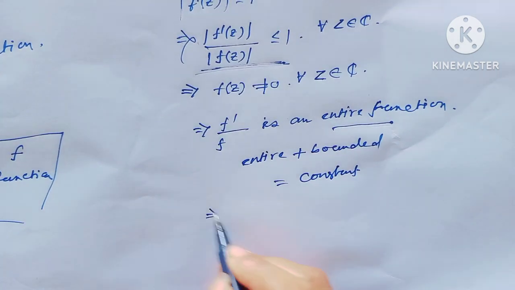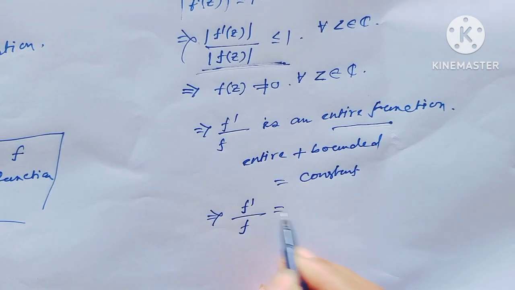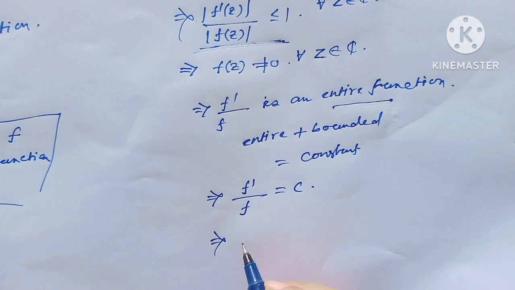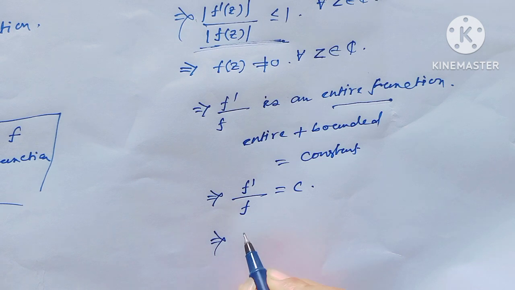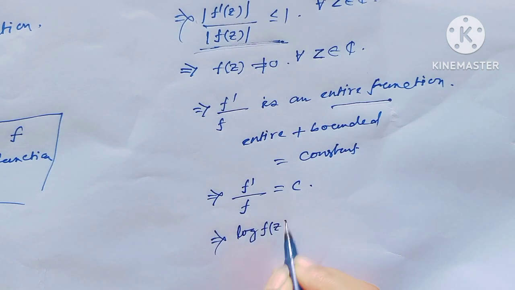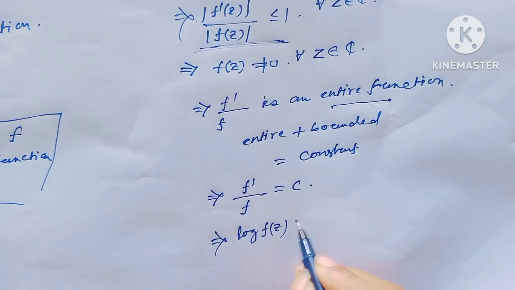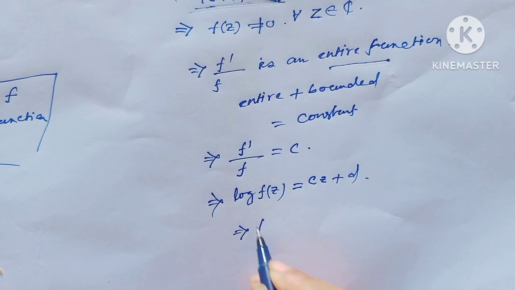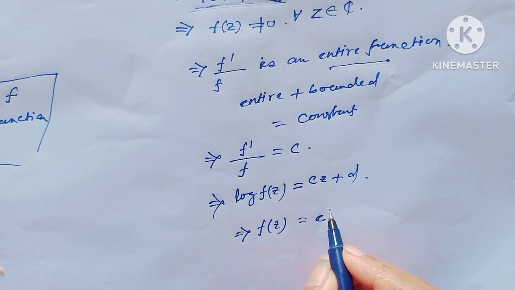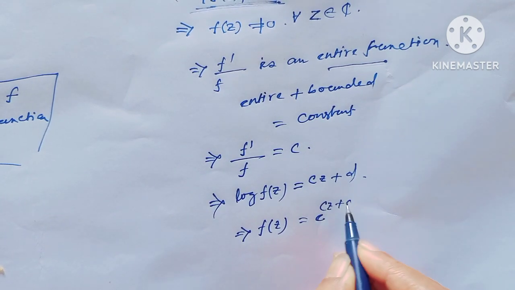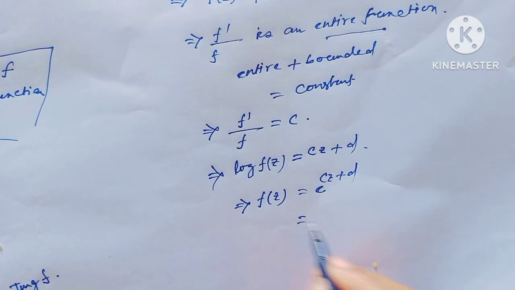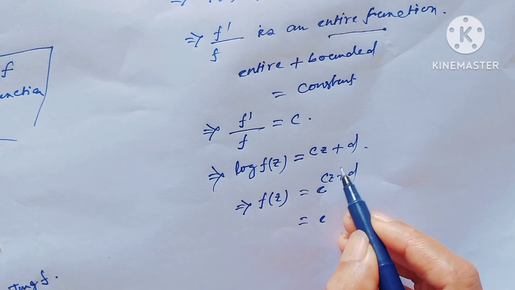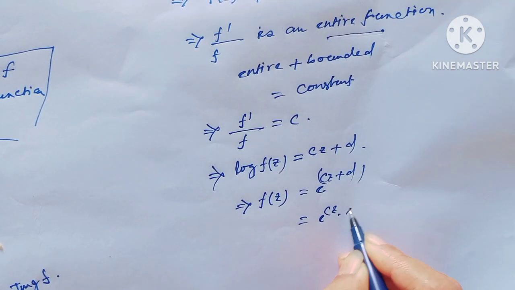Therefore f'/f equals a constant c, that implies, if we integrate both sides, log f(z) = cz + d. And this implies f(z) = e^(cz+d), which means e^(cz) times e^d.